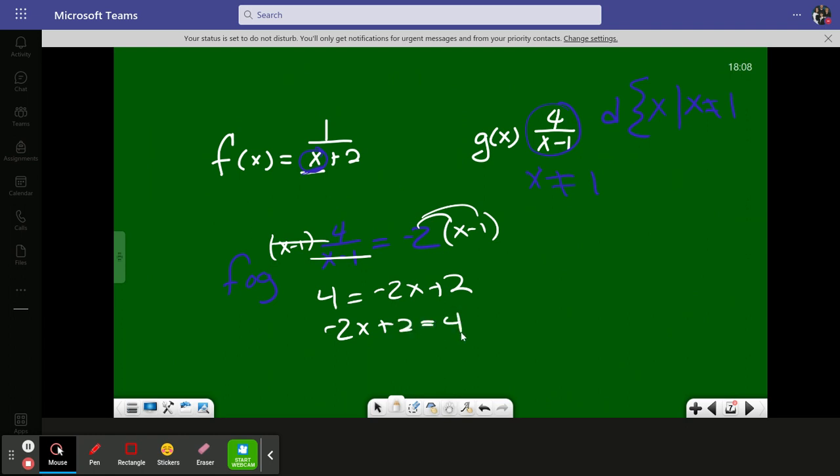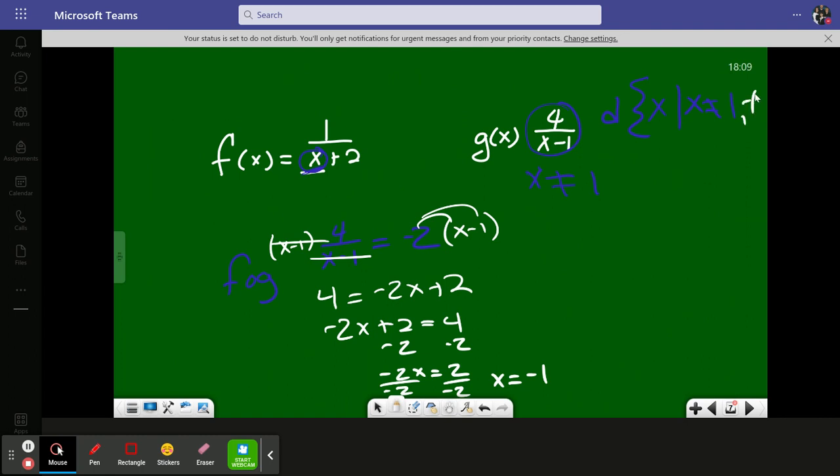Just a two-step equation. Subtract that 2. -2x equals 2. Divide by -2, and x equals -1. So I've got to put that up in my answer set.